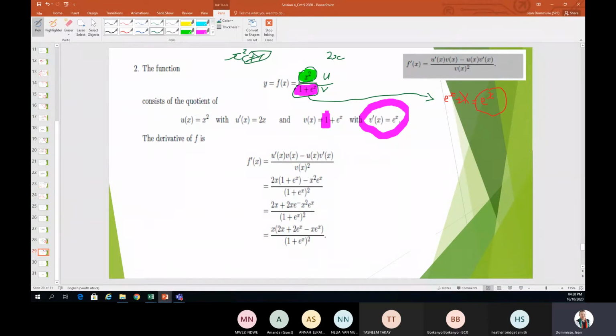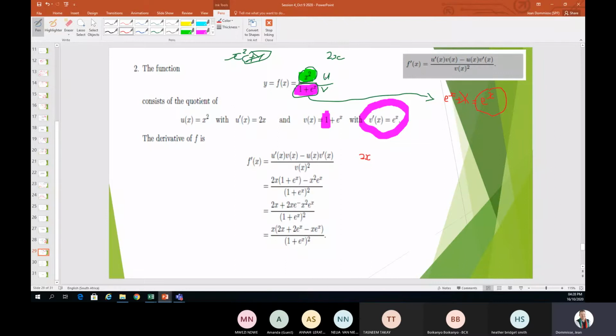So just because it's now e to the power of x, don't think you must treat it differently. The e to the power of x you treat differently, but not everything. That still stays the same. Okay, and then we can just follow the rules. So what was the differentiation of the top one? It was 2x.